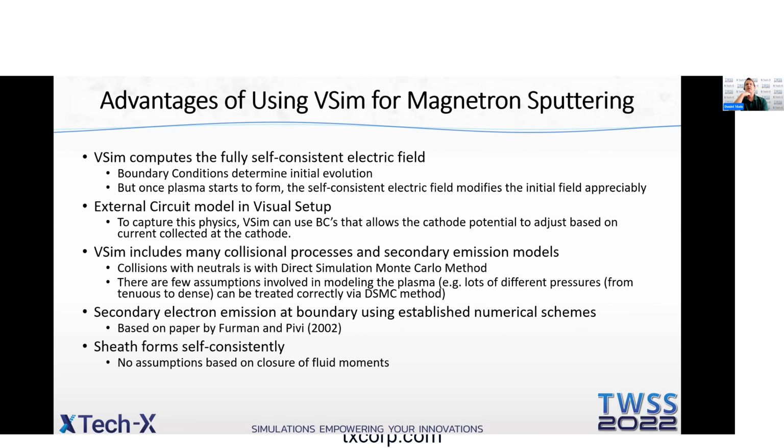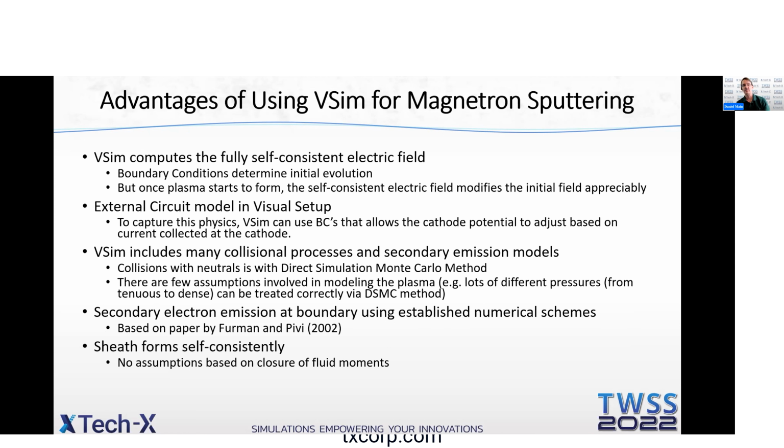So let's move on to the advantages of using VSim for a magnetron sputtering problem. VSim will compute the electric field self-consistently. What that means is that VSim is going to solve for the role that the plasma plays in the electric field.